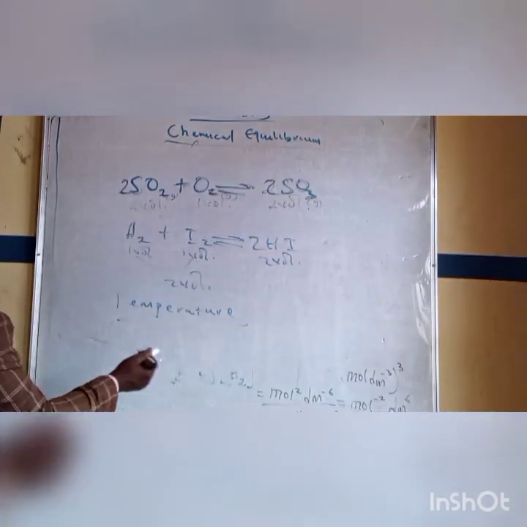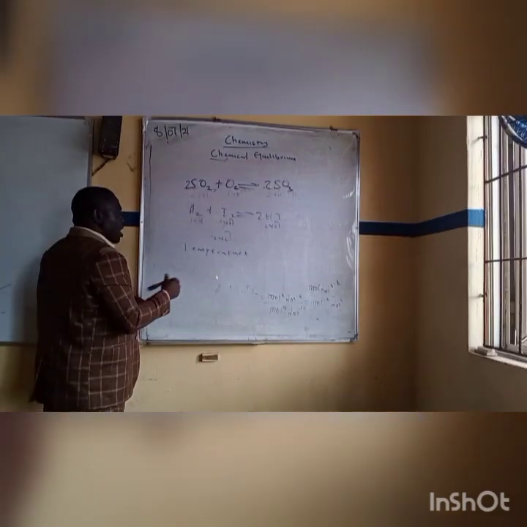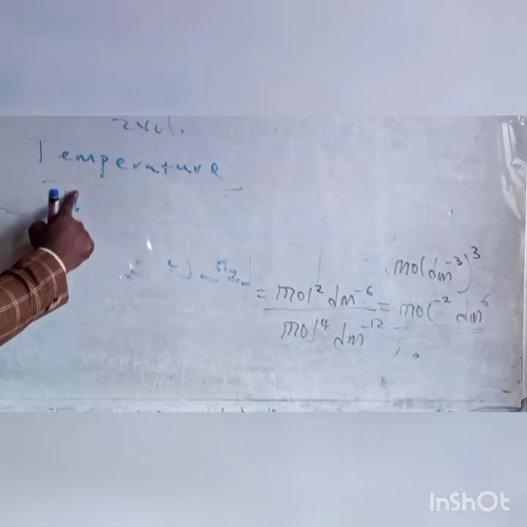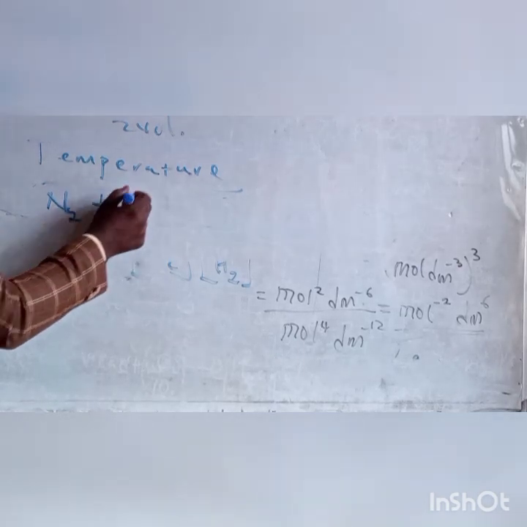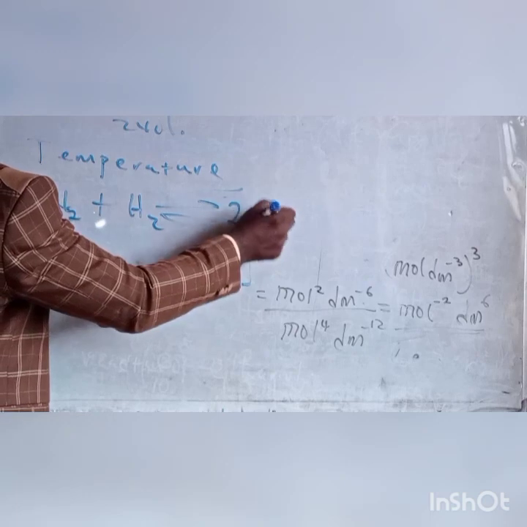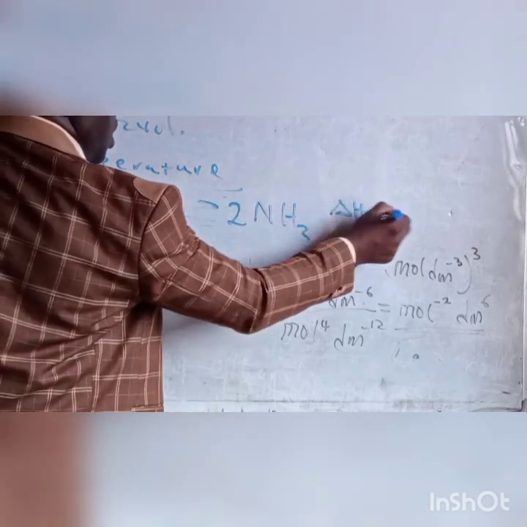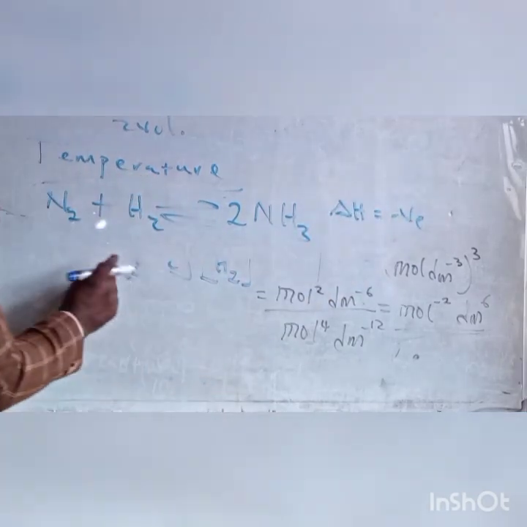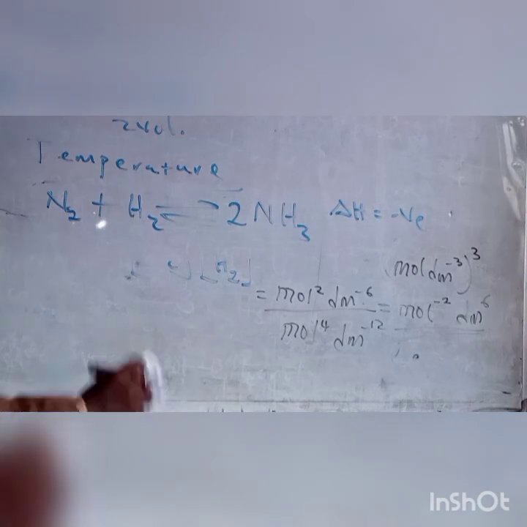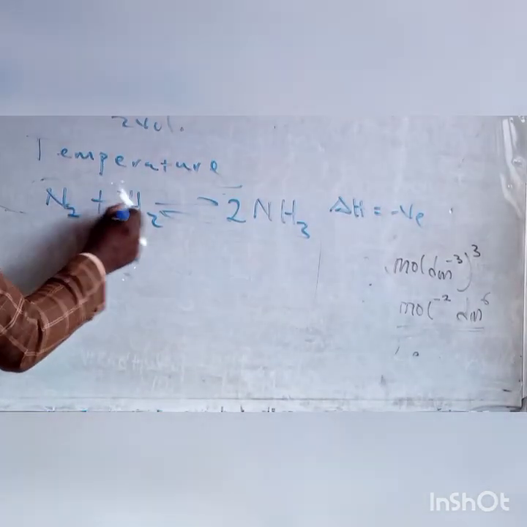So, for an exothermic reaction, in a case like the case of ammonia that we cited, let's look at this case now. We have nitrogen, hydrogen, citing a case like this with ammonia, and then our enthalpy change is negative. If the enthalpy change is negative, what do we do?